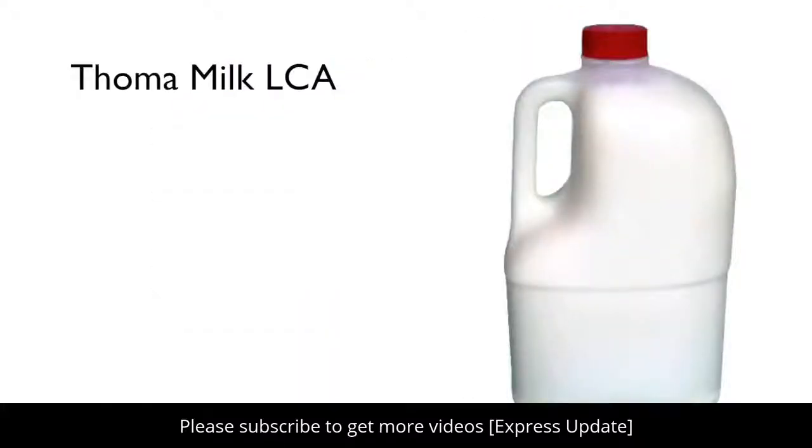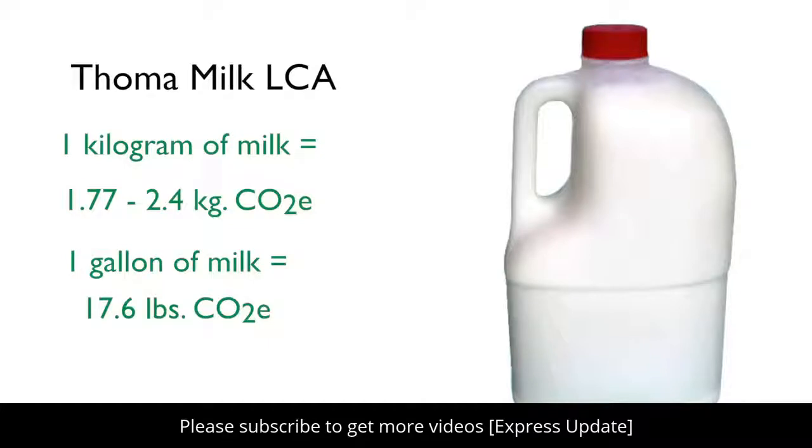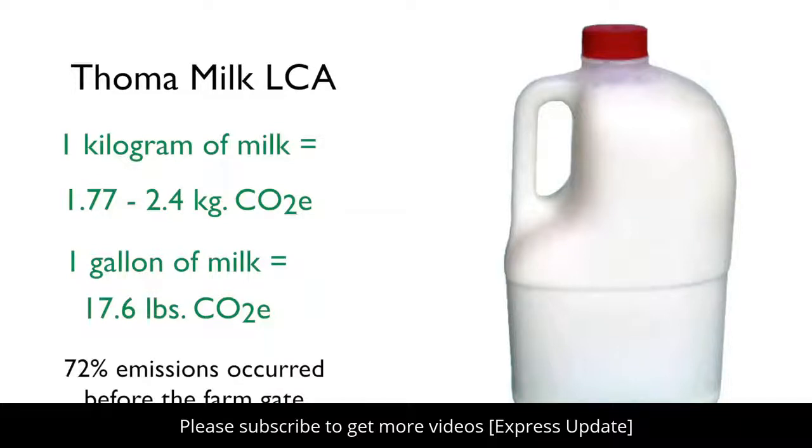Thoma's analysis found that the CO2 equivalents produced by each kilogram of milk consumed ranged from 1.77 to 2.4. This is about 17.6 pounds of CO2 equivalents per gallon of milk consumed. 72% of those emissions occurred before the milk left the farm gate.